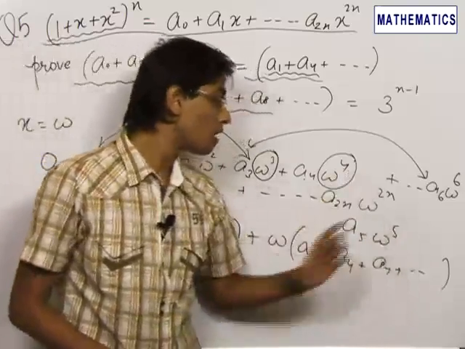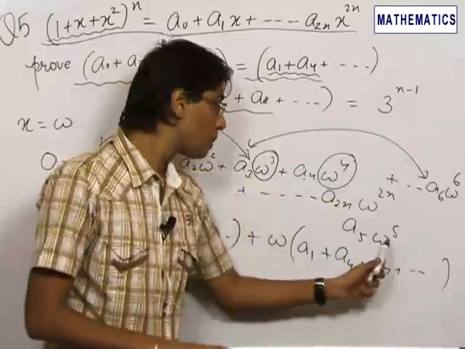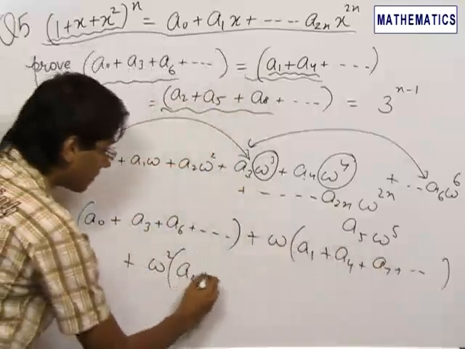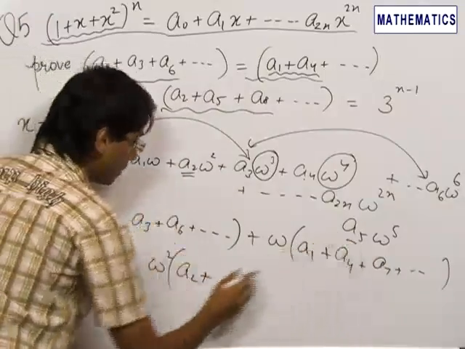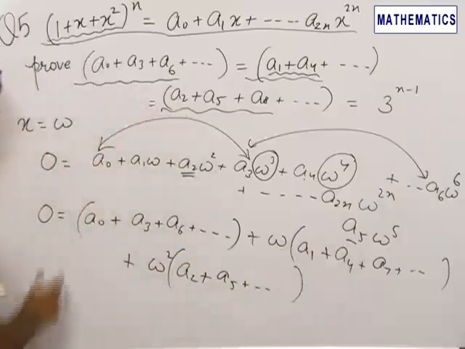We know that omega^5 is equal to omega cube into omega square, and omega cube is equal to 1, so omega^5 is equal to omega square. So this becomes omega square times a2 from here, a5 from here, and similarly till the last term, and the value is equal to 0.